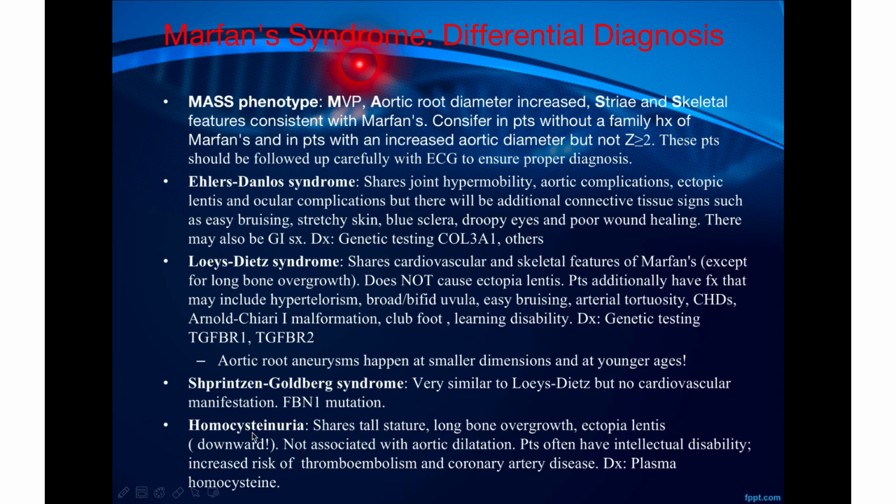And finally, as I've mentioned, the homocystinuria, which can also be a very big differential for Marfan. They also share the same tall stature, long bone overgrowth, ectopia lentis. But in this case, as I've mentioned, it's going to be downward deviation, not upward, like the case of Marfan's. And it is not associated with aortic dilatation.